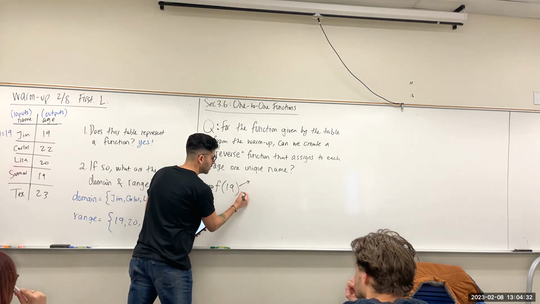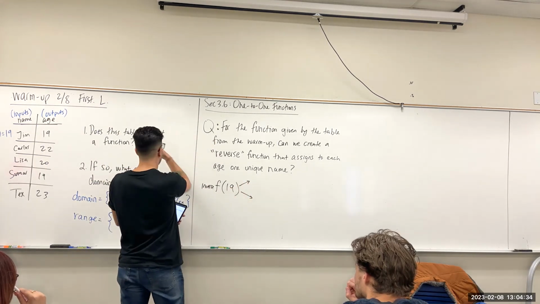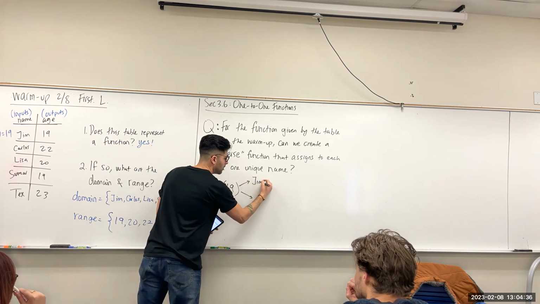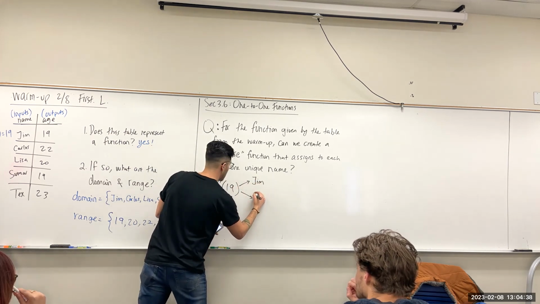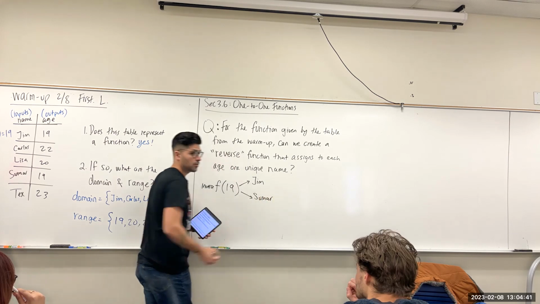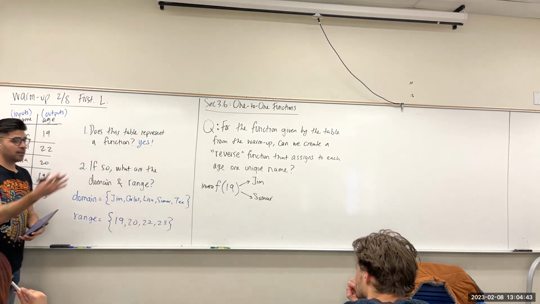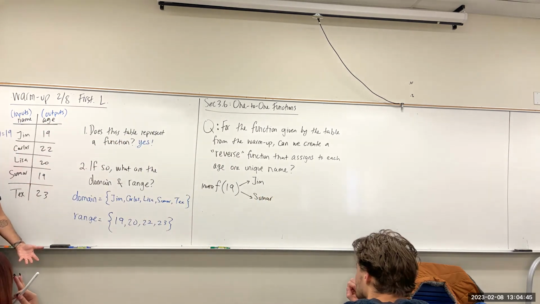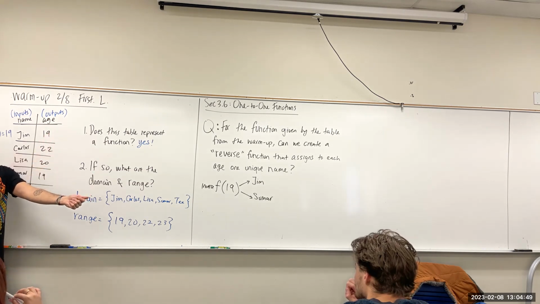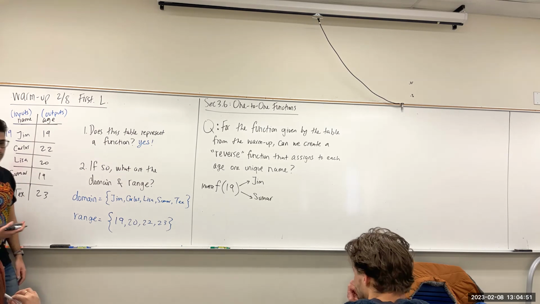Yeah, that's exactly where the issue comes up. Notice that on this table, if I try to go the other way, now the number 19 has two different names associated to it. And that is what makes it fail to be a function. Because the input 19 has more than one output, and I can't do that.